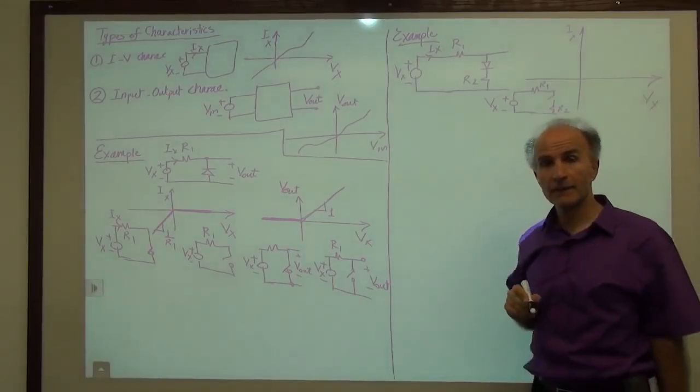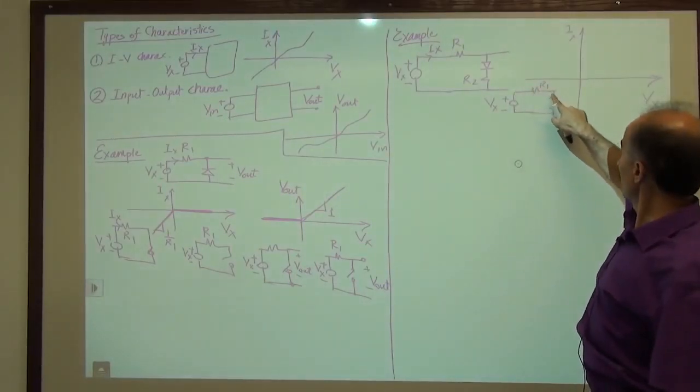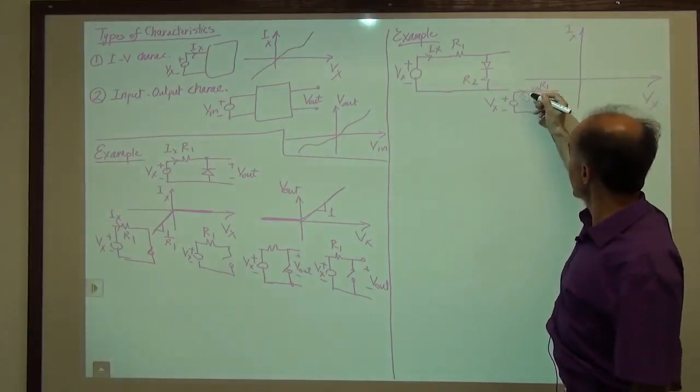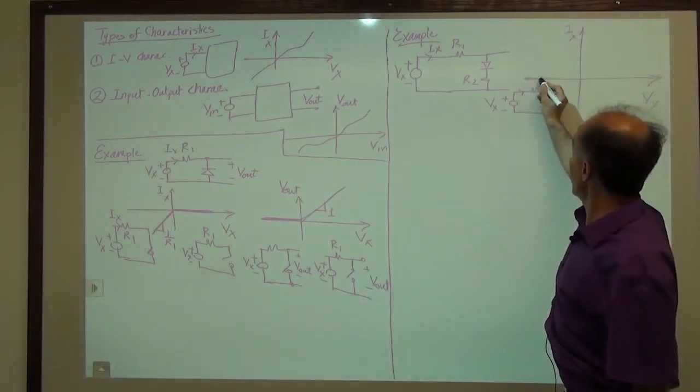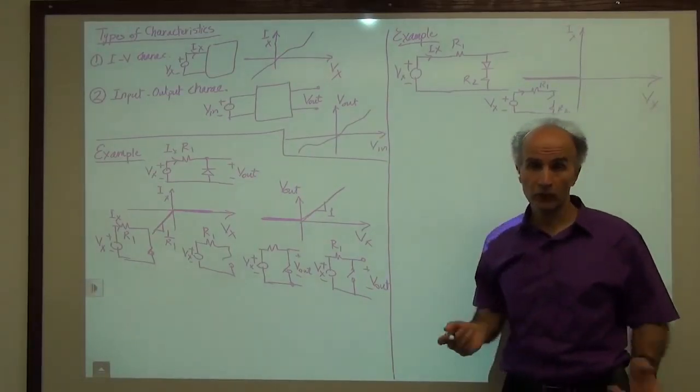So how much is Ix in this case? Well, we see that Ix cannot flow anywhere. There's an open circuit here. So Ix is 0. So long as Vx is negative, Ix is 0. So that wasn't too bad.